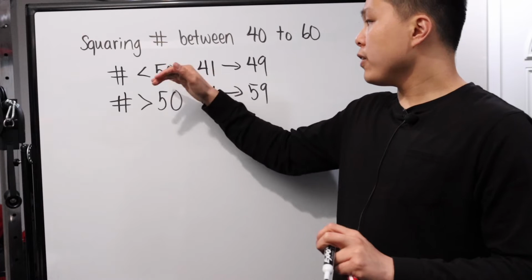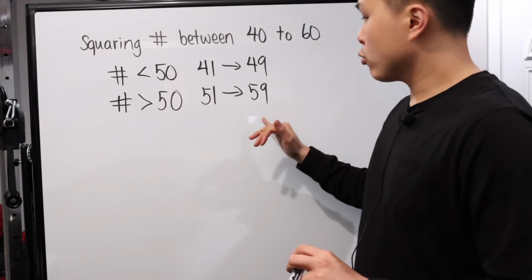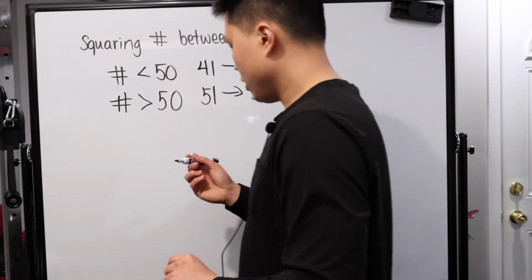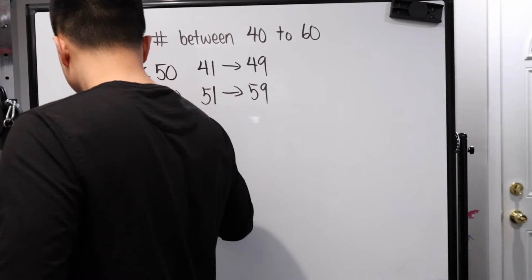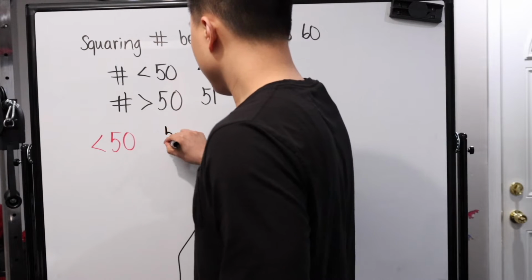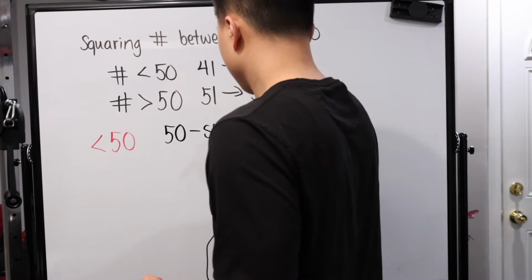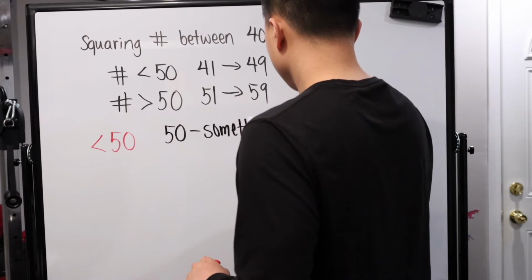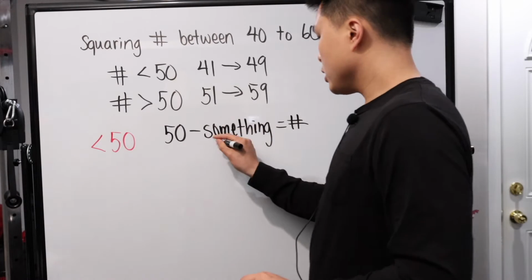Basically, it's going to be 50 minus some number if it's less than 50, or 50 plus some number if it's greater than 50. So what happens if it's less than 50? The rule is, it's going to be 50 minus something to equal that number. That something is the key. This is what we want.